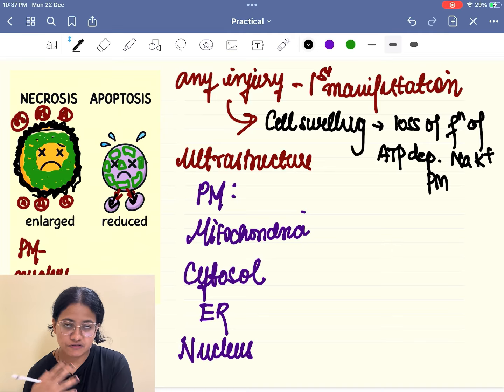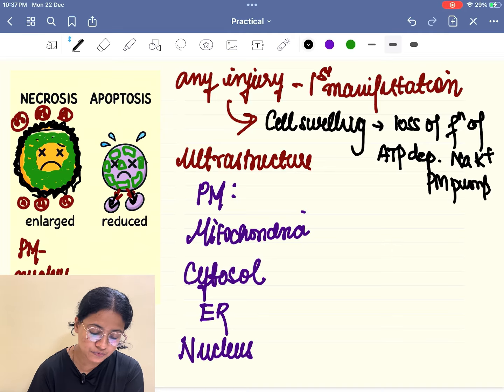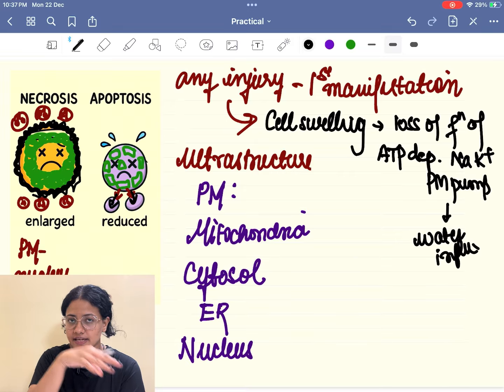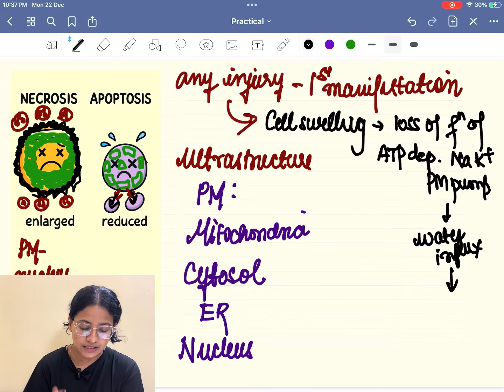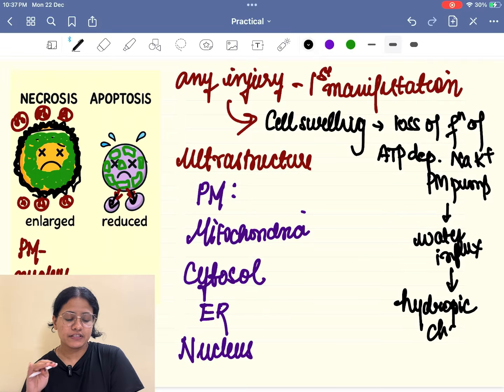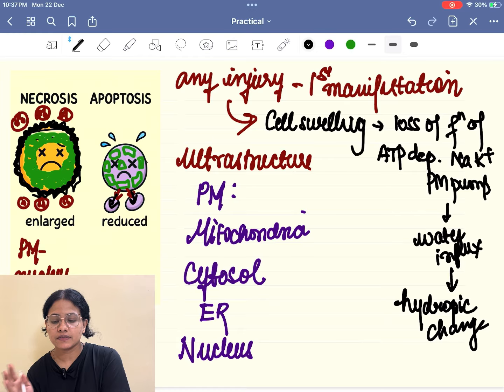So when there is a loss of function of this pump, what will happen? Water will get inside the cell. So there will be water influx. So if water gets into the cell, what will happen? The size will increase, cellular swelling will happen, and also this is known as hydropic change. So this is the first manifestation of any injury, be it reversible, irreversible.